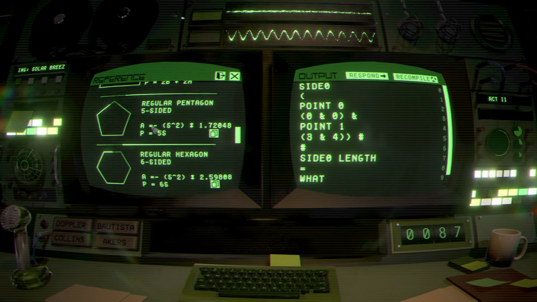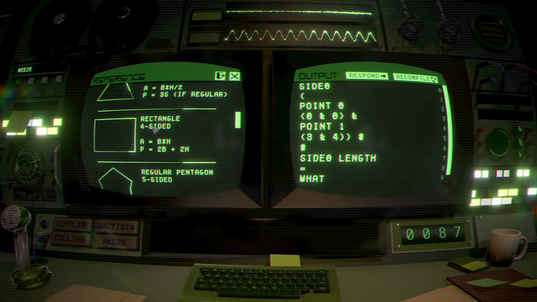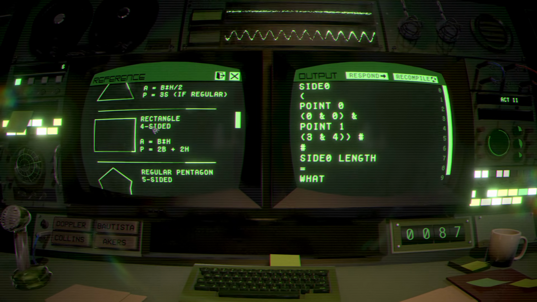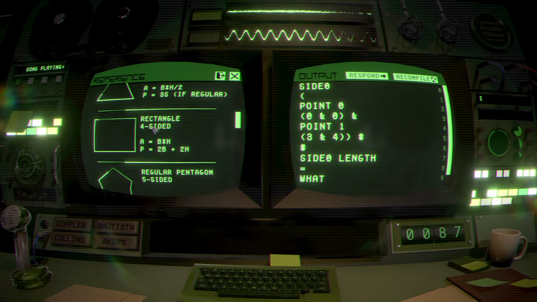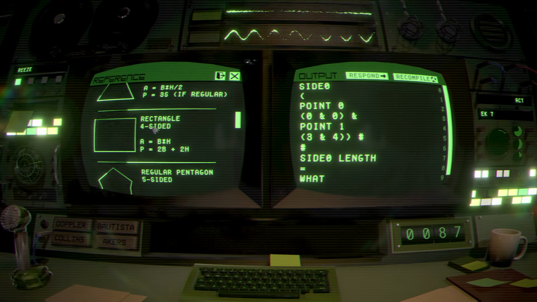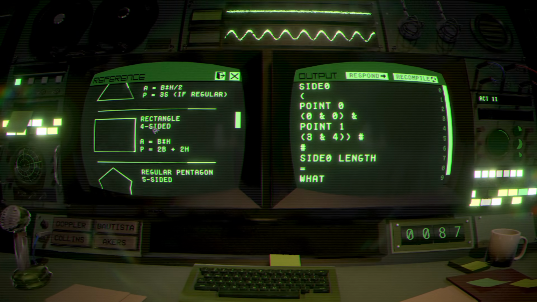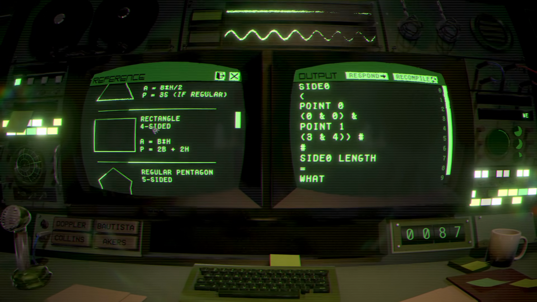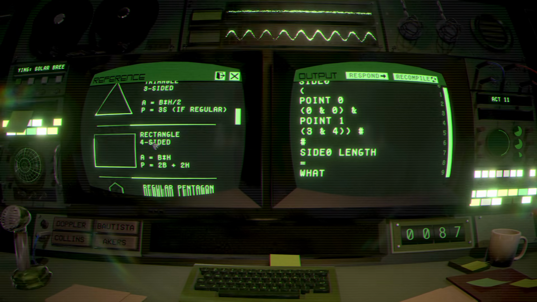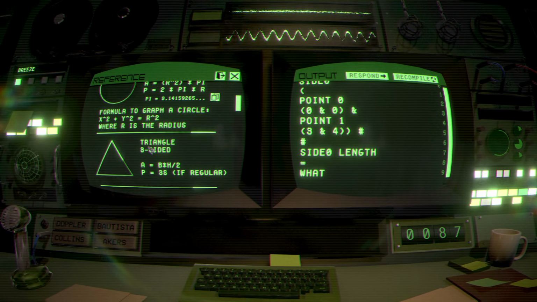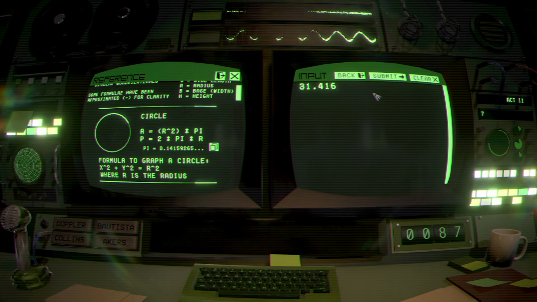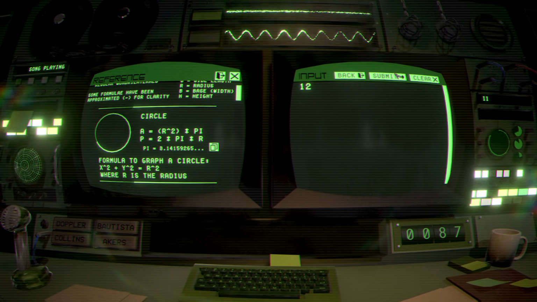I guess, right? 2 times 3 is 6, 4 is 8. The perimeter is 12. It doesn't really make sense, does it? I'll try it, but it doesn't make sense.